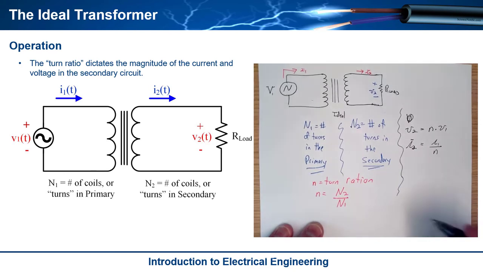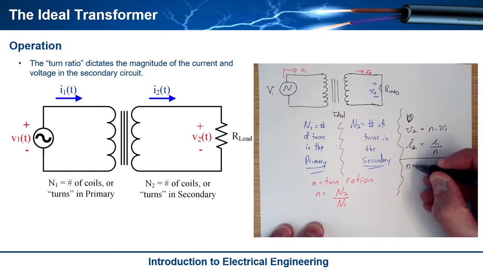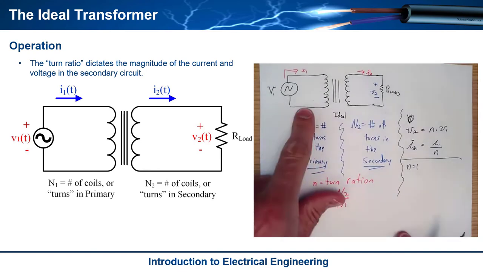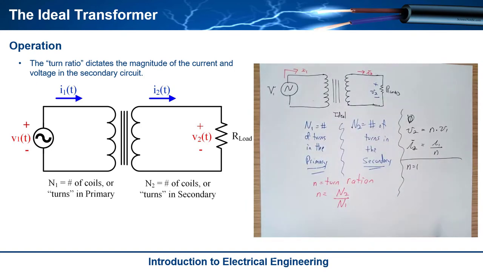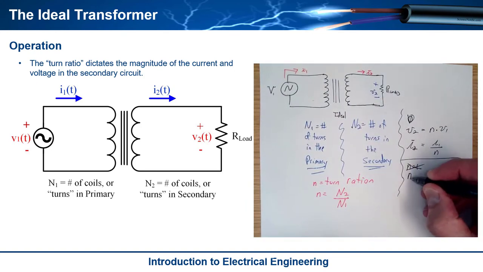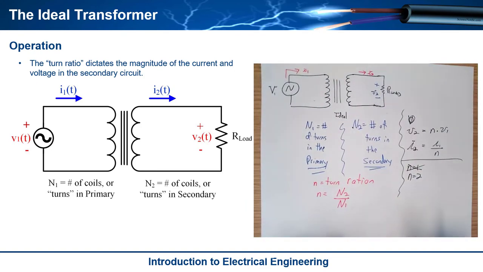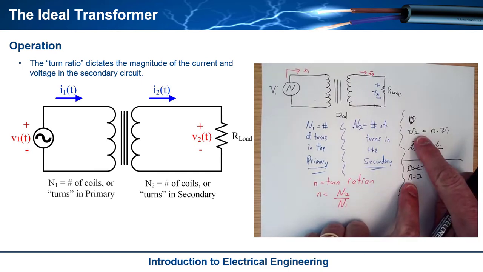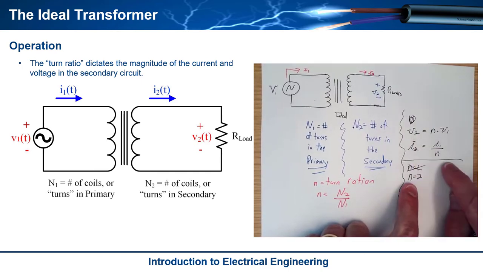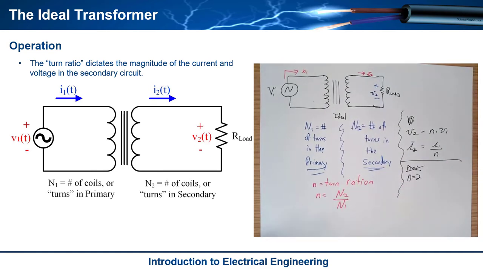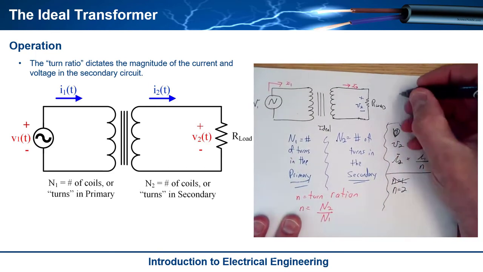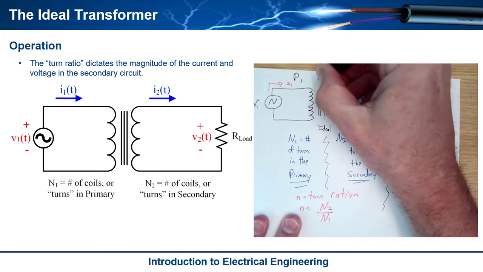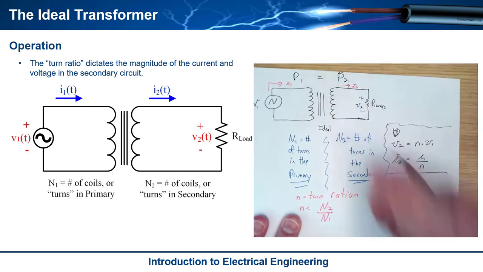All right, so if you think about it, if n is equal to 1, then it's just 100%. So the voltage V1 is equal to V2, I1 is equal to I2. But what would happen if you had n equal to 2? Okay, well, V2 would actually be twice V1, and I2 would be 1/2 of I1. And so you can notice this pattern where really what is important with a transformer is this: the power in 1 is equal to the power in 2.